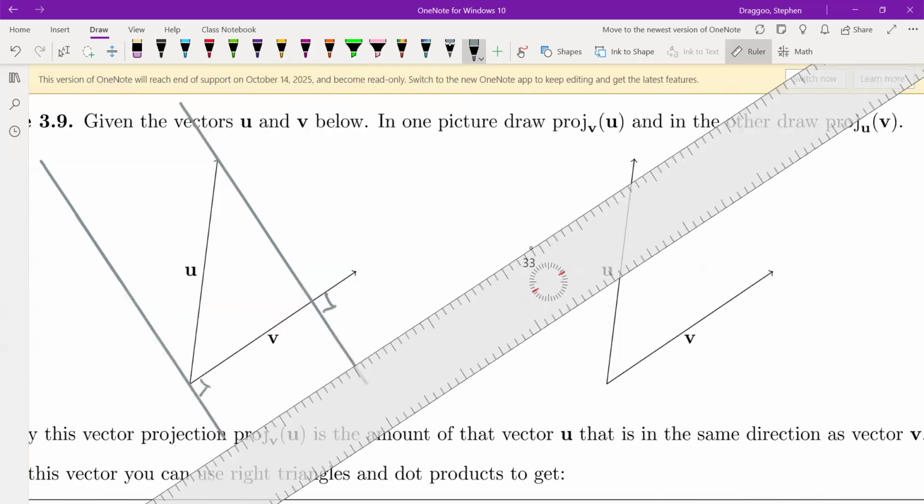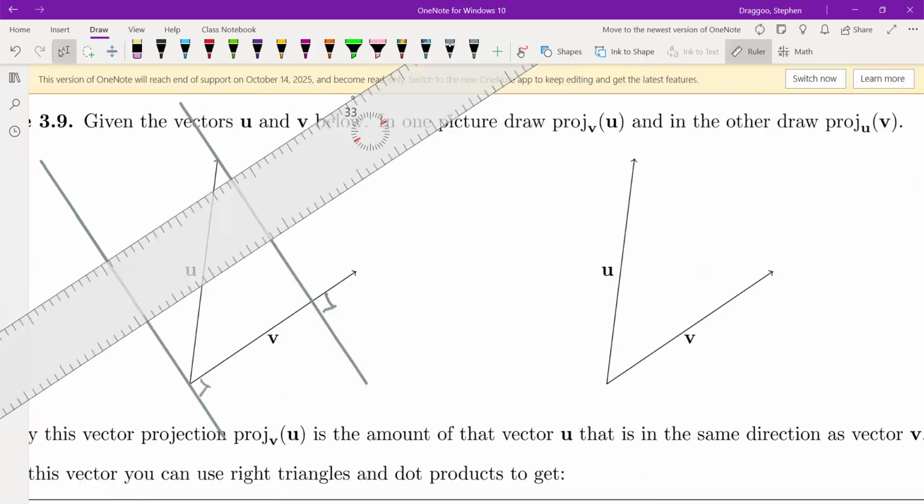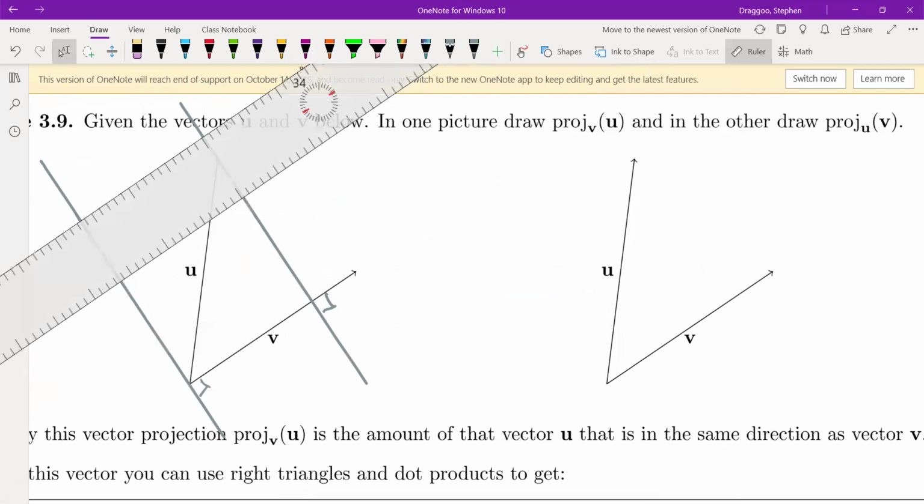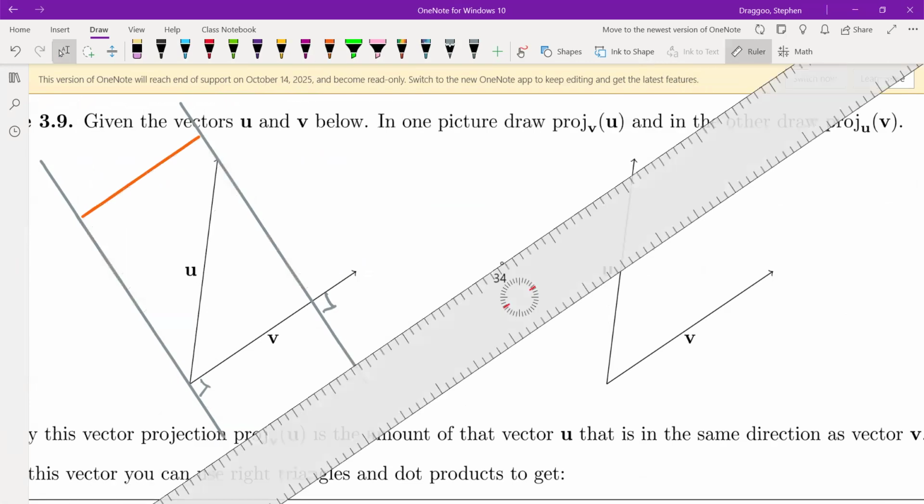Let's pretend I actually have this physical light source somewhere. I don't know. What color is a good light source? How about orange? Cool. So there's my light source. I'm going to be shining it down this way.